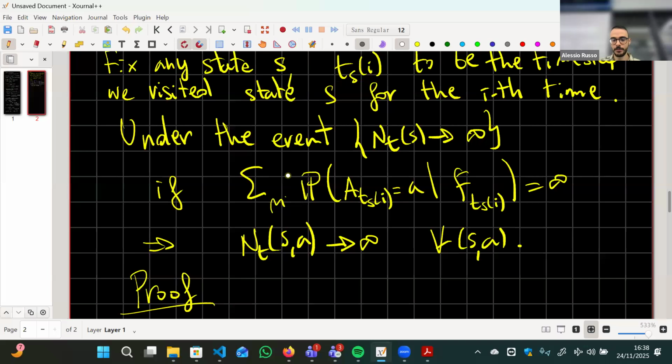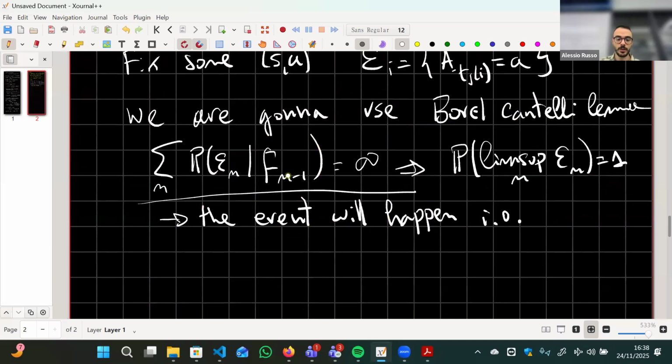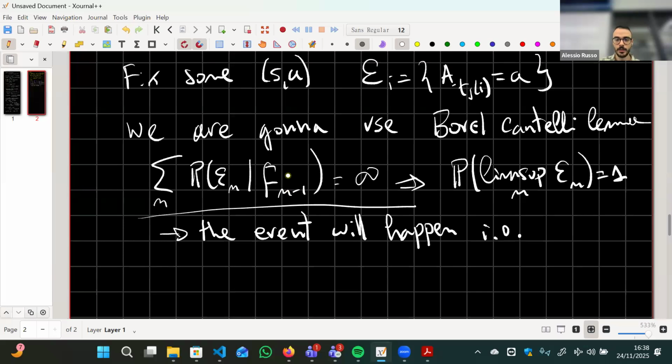So in case we have this condition, so if we can guarantee that this sum is equal to infinity, then because of this lemma, what we have is that action A will be sampled infinitely often.